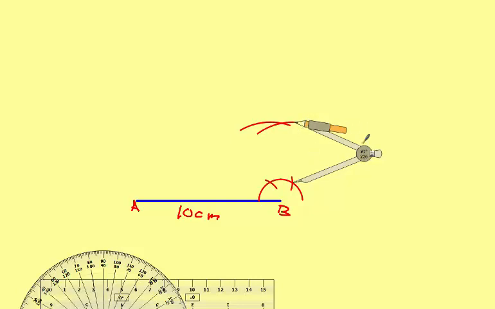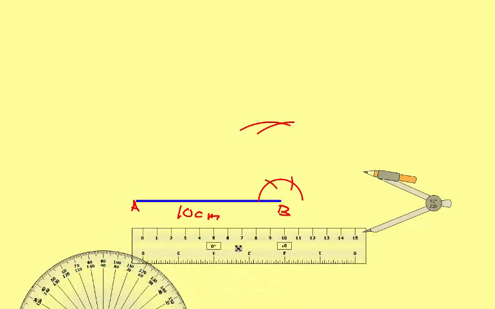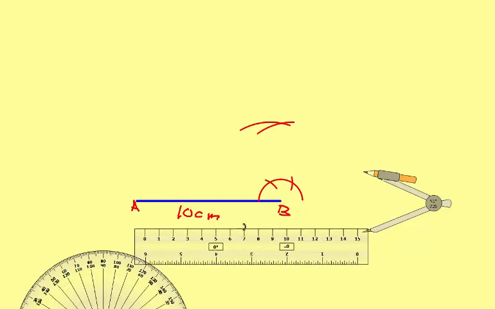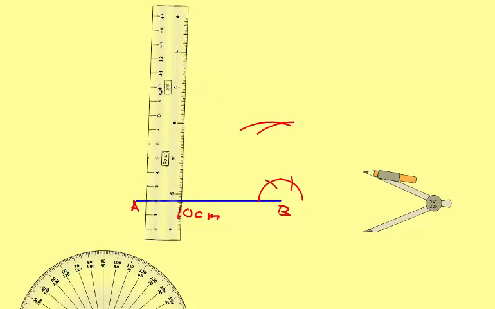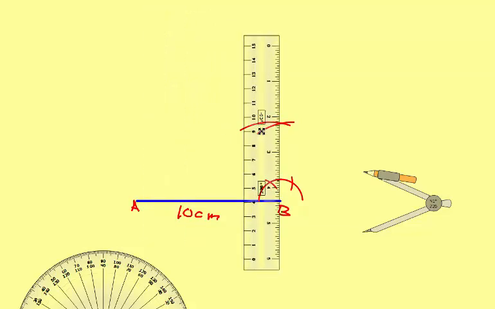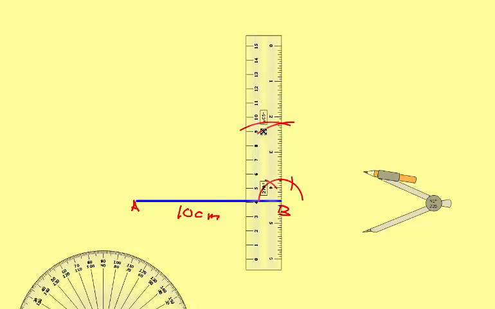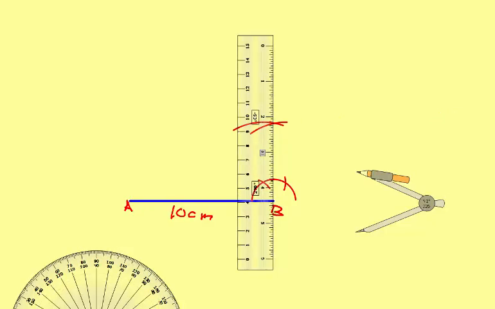Right. So from here, you pick your ruler. Then you construct your 90 degrees.